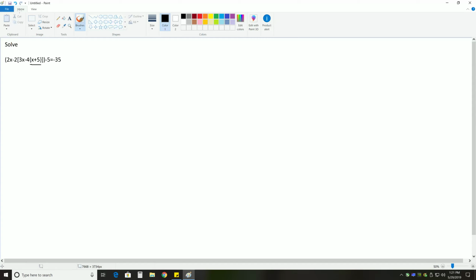Once we realize we can't simplify anything, we go to the outside of it and check what's being multiplied to it. In this case, that's negative 4. We're going to distribute it to each term inside our pair of curly brackets.